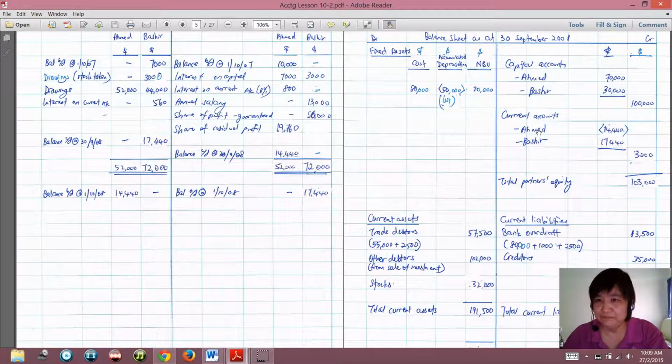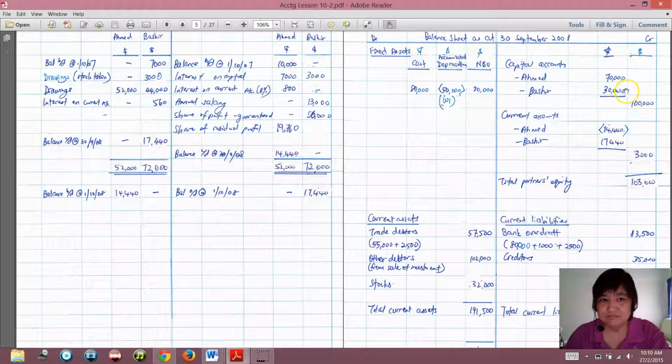Okay, easy. But for partnership, we segregate the long-term funds from the current funds. Okay, that is committed to the business. The long-term funds, these two partners say we will commit this 100,000 into this business as long-term funds.